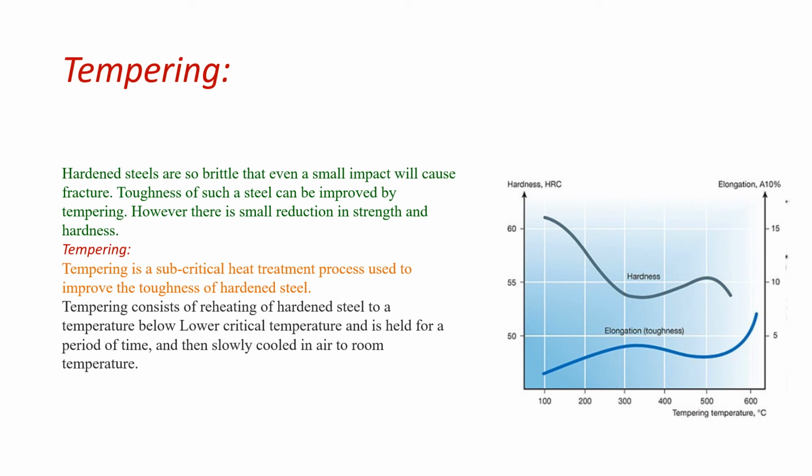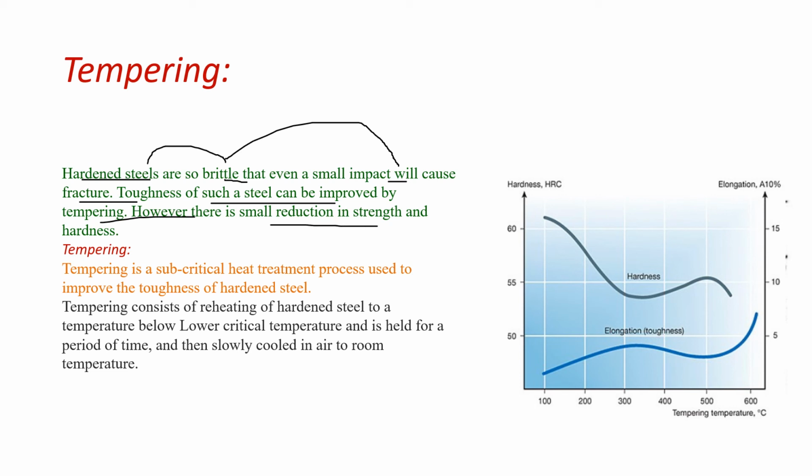Tempering. Hardened steels are so brittle that even a small impact will cause fracture. The toughness of such a steel can be improved by tempering.